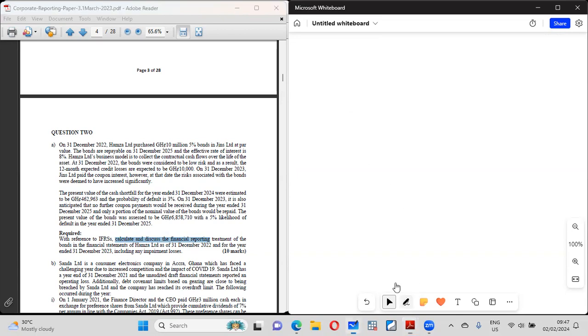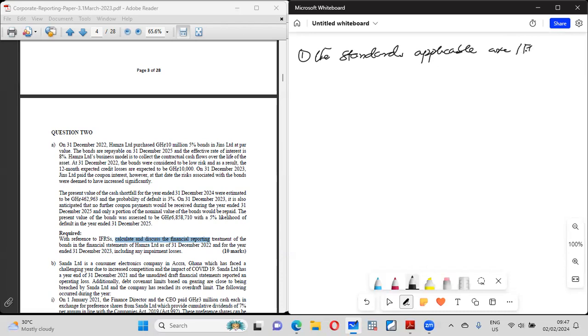So point one is the standard applicable. You say the standards applicable are IFRS 9. And you could see there has been remeasurement of the credit loss.